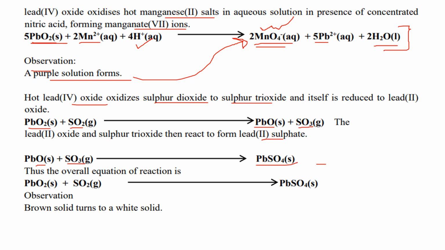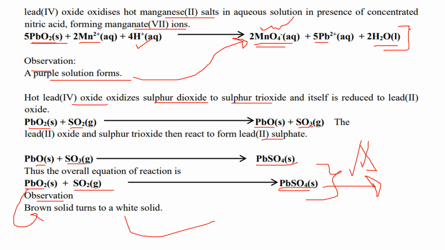So the general equation, in case you are being asked for it, because it's also examinable, and you are given 1.5 marks for that, you write the general equation that lead oxide reacts with sulfur dioxide gas to give us lead 2 sulfate. Now the observation for that is going to be a brown solid, which is lead oxide, turning into a white solid, because lead 2 sulfate is a white solid.